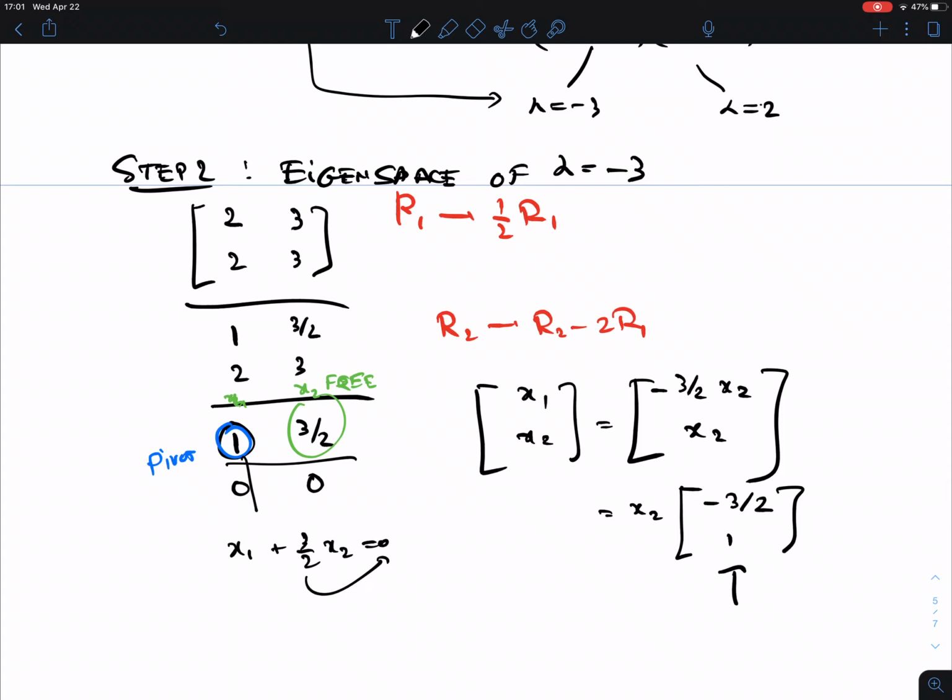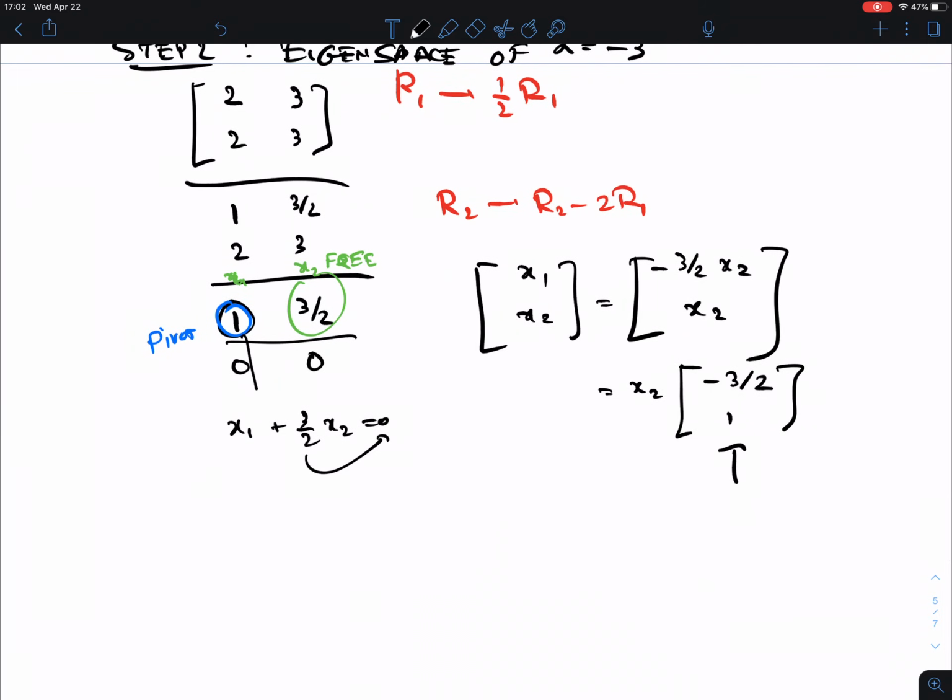So this is our eigenvector, or better even, the basis of our eigenspace. And again, because of the fraction here, I can make a better choice by taking x2 equal to 2, for instance. Then I get a nicer one without fractions. But let's not dwell on that now.